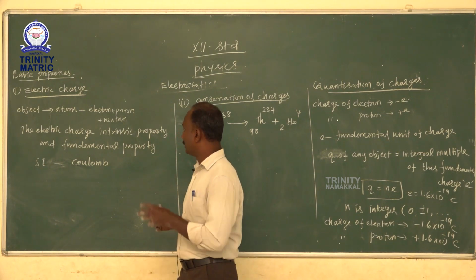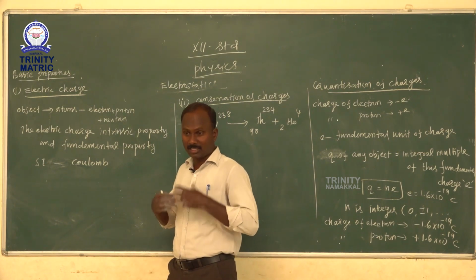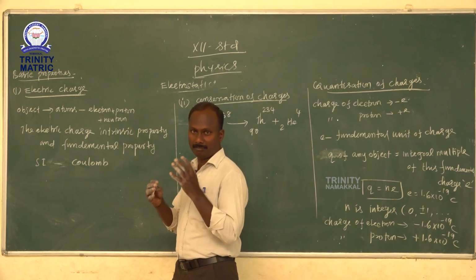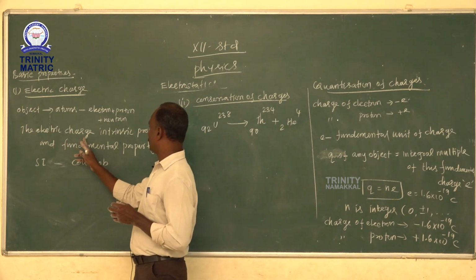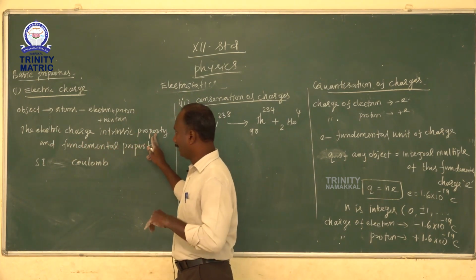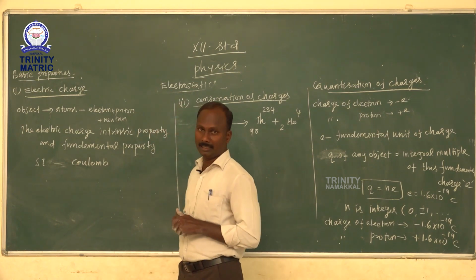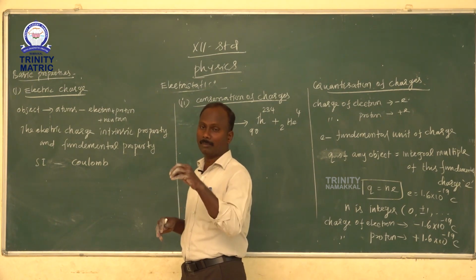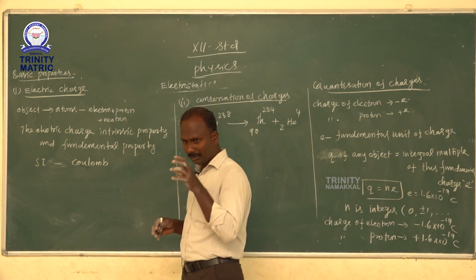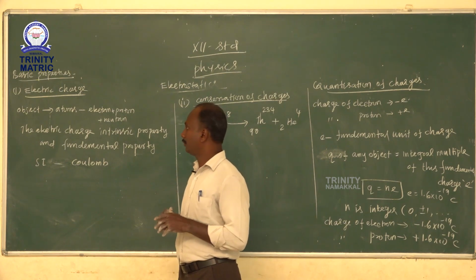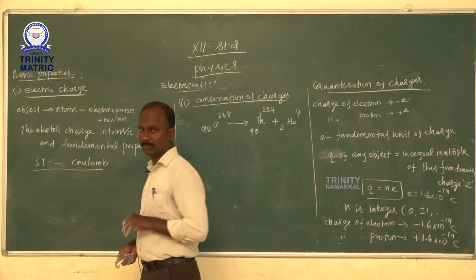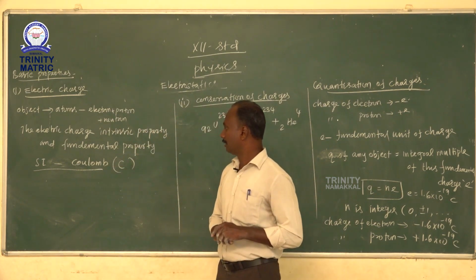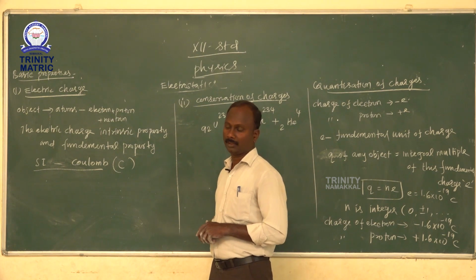Inherent means an intrinsic, natural property. Intrinsic means inside. So electric charge is an intrinsic and fundamental property. Basically, the SI unit of charge is the coulomb, represented by the capital letter C.